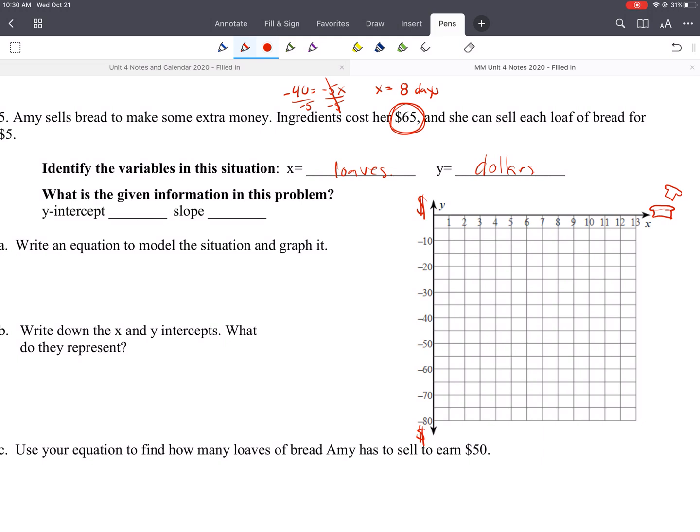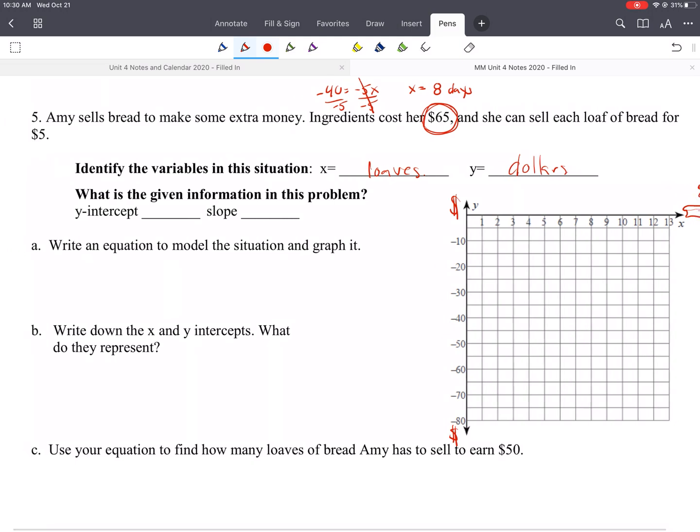All right, so we want to find our initial value, our y-intercept. So that would be 0, comma. And here she has to spend money. So she loses money to buy the stuff. So that would be a negative thing. Initially she is in the hole $65.